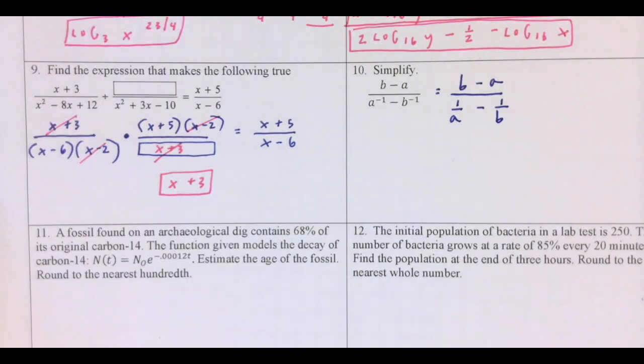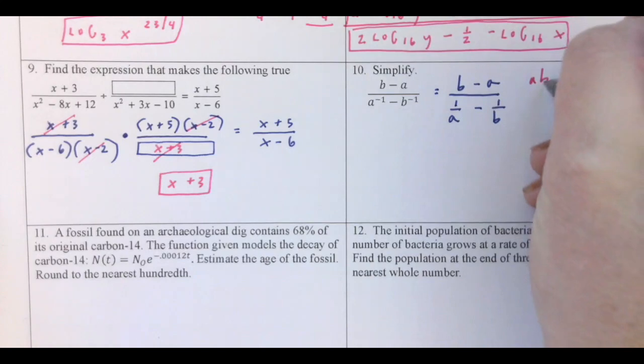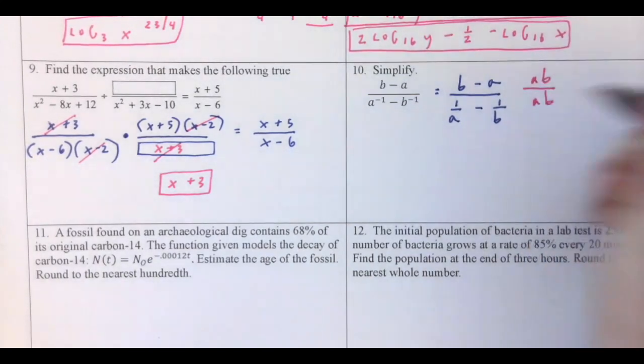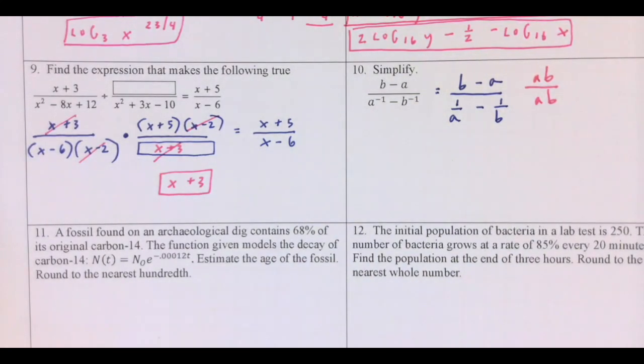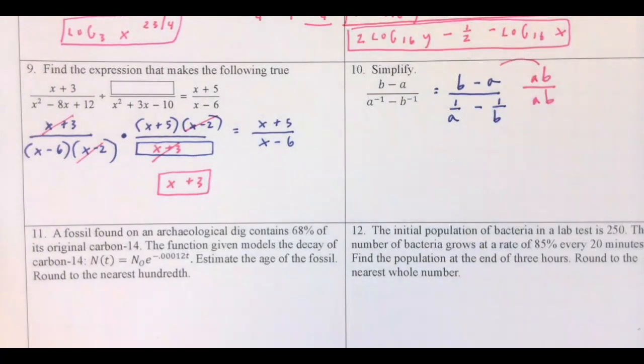Okay, so now looking at overall, what would be my common denominator between anything where there's a fraction? And that would just be a times b. So I'm going to go ahead and multiply the top and bottom by a times b. So here on top, that a times b really doesn't have to clear anything.